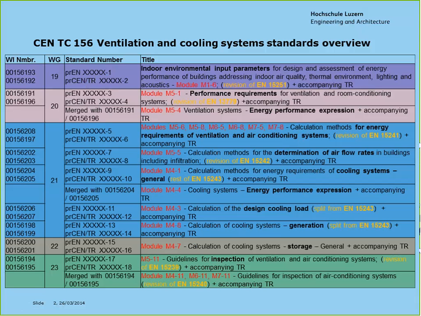There is one work item here, the revision of 13779. Bjarni was just shortly referring to that in respect of the ventilation effectiveness, for instance. It also gets a new part.